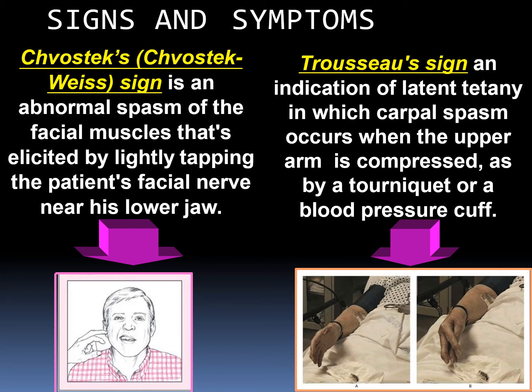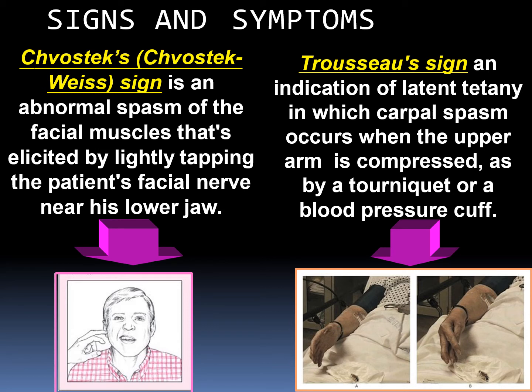Trousseau sign is an indication of latent tetany in which carpal spasm occurs when the upper arm is compressed by a tourniquet or blood pressure cuff. Latent means the disease is present but it is not apparent. The Trousseau sign is more sensitive as compared to Chvostek sign. The Trousseau sign has a sensitivity of 94% as compared to Chvostek sign, which is 29% sensitive for hypocalcemia.